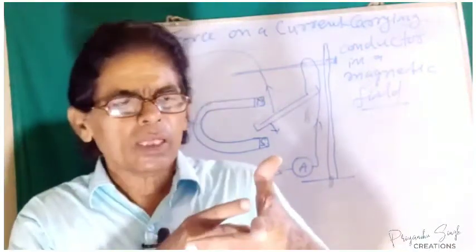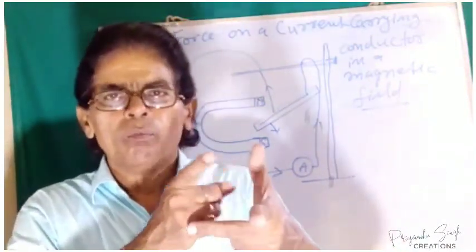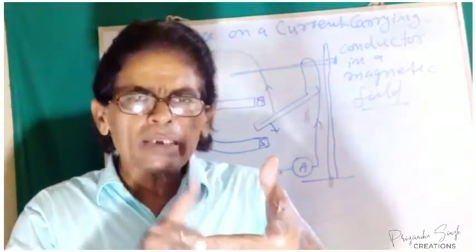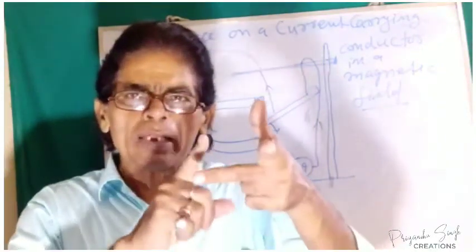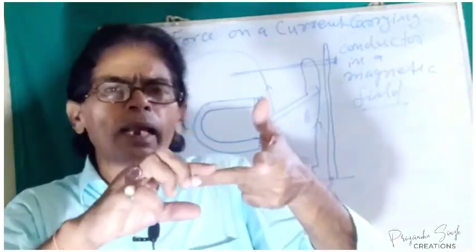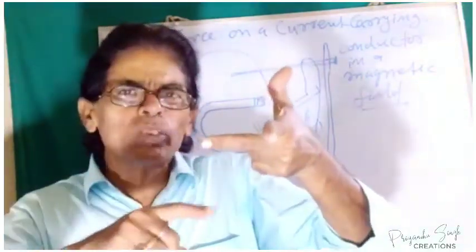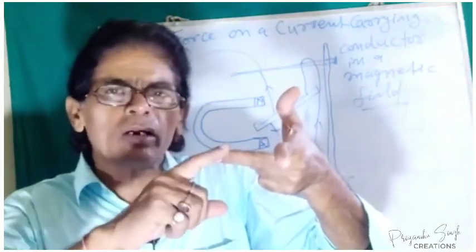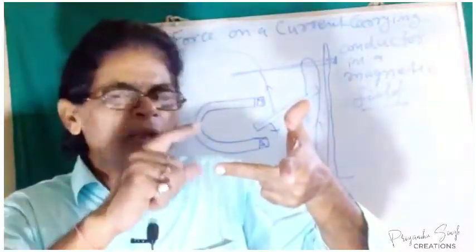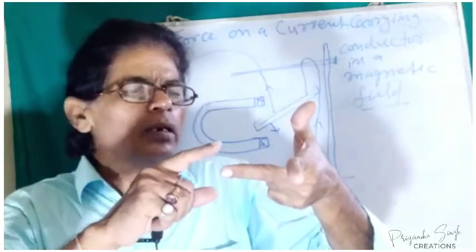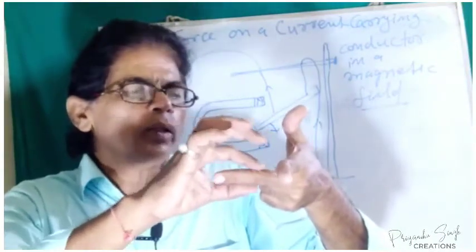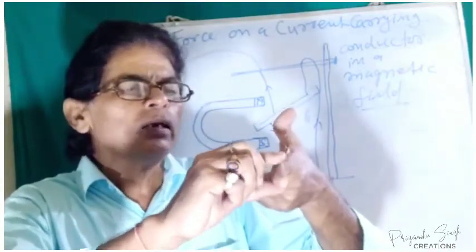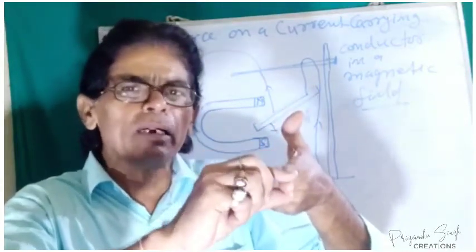Then the thumb will point towards the deflection in the current carrying conductor. That is, suppose that in this way I have stretched the three fingers, then the middle finger represents the direction of electric current, the forefinger represents the direction of magnetic field.